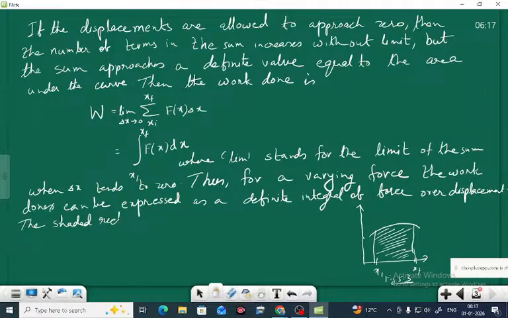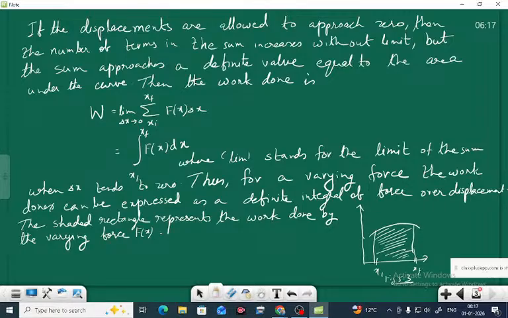The shaded rectangle represents the work done by the varying force Fx over the small displacement del x.